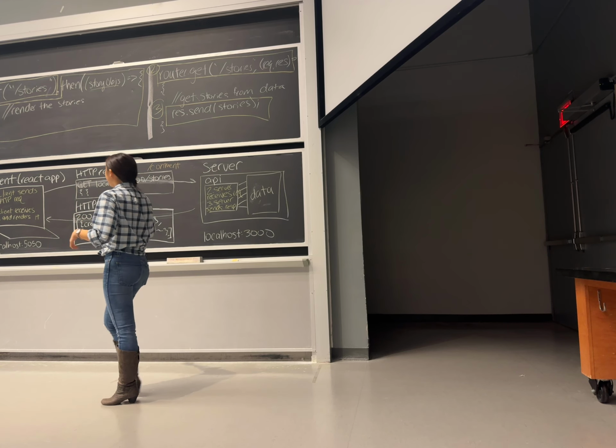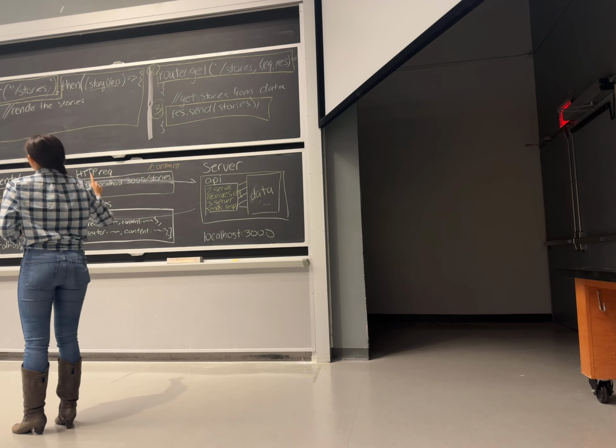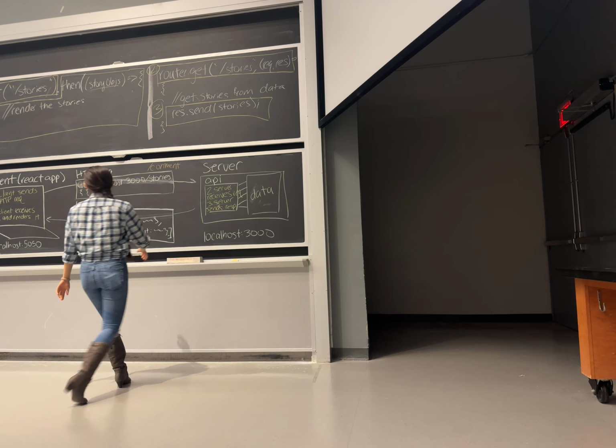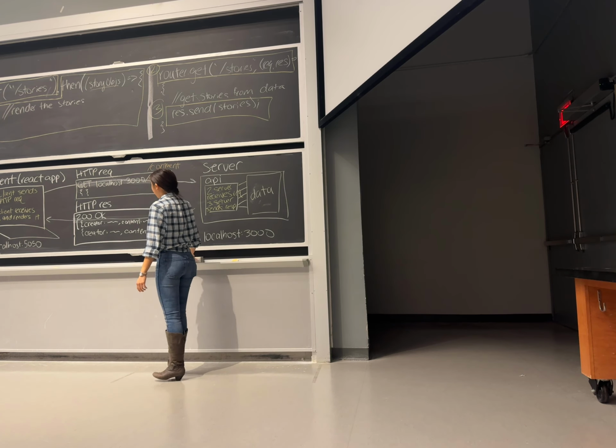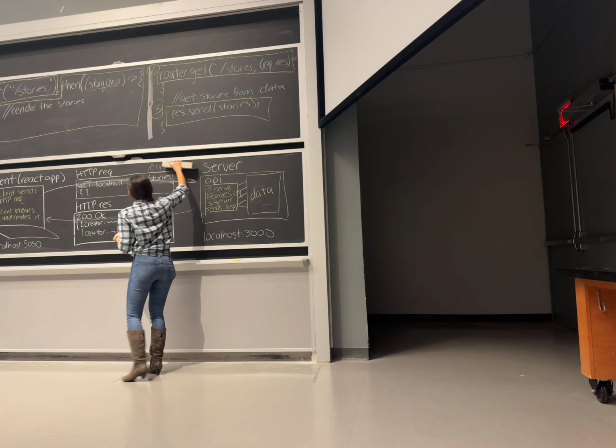Why don't I show them what the post request that you just showed in the code is doing on the diagram. Can you pull up the new post input and API side by side? Okay. So let's say instead of just getting all the stories, we want to post a new story.